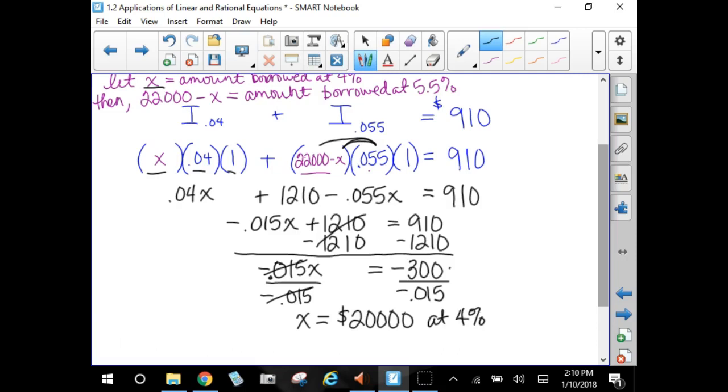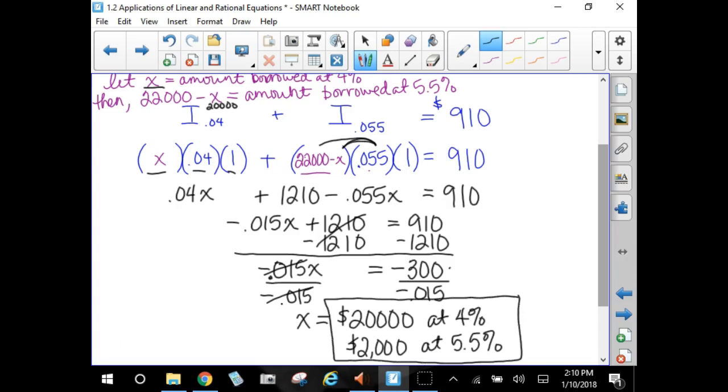And if X is equal to $20,000, she has 22,000 minus 20,000, or 2,000, that she borrowed at the 5.5%. The problem asked us to find how much she borrowed at each rate. There's your answer. The next thing was to check and make sure that it is reasonable.